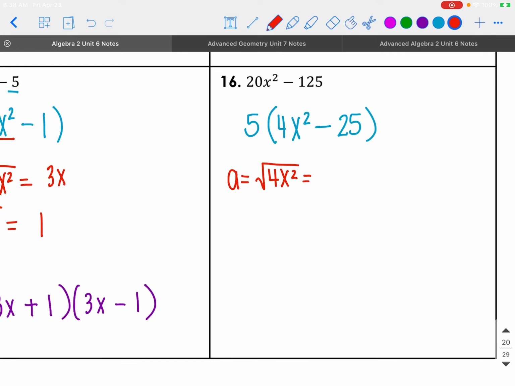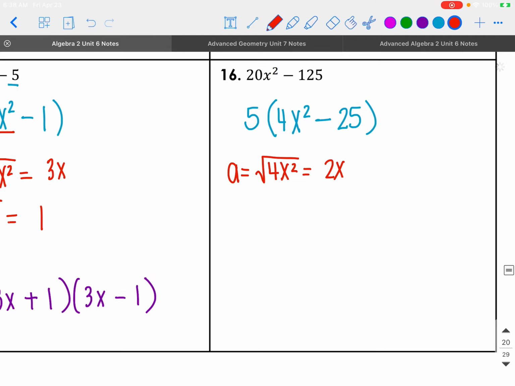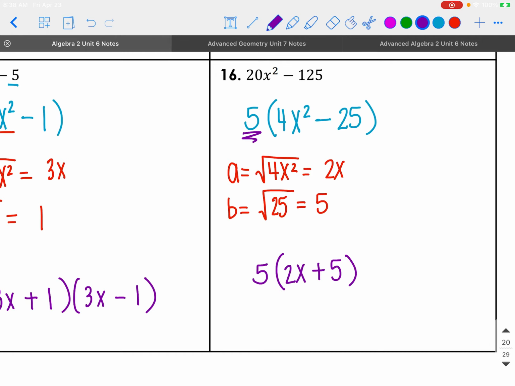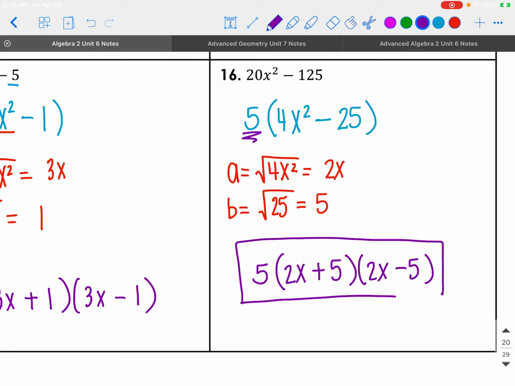So my a is the square root of 4x squared, which is what? 2x. And b is the square root of 25, which is 5. So my final answer, we have the GCF of 5, and then 2x plus 5, 2x minus 5.